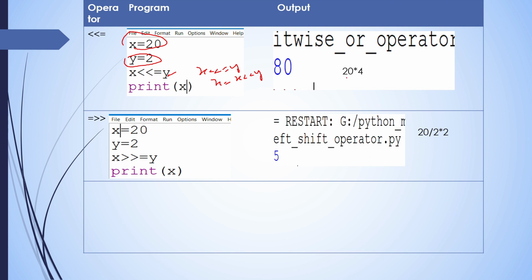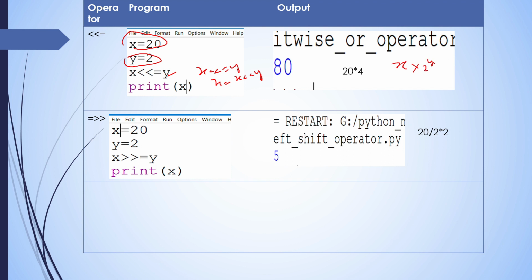So 20, that means the x variable. In the left shift assignment operator, we are going to do multiplication. So x is multiplied by 2 to the power y.